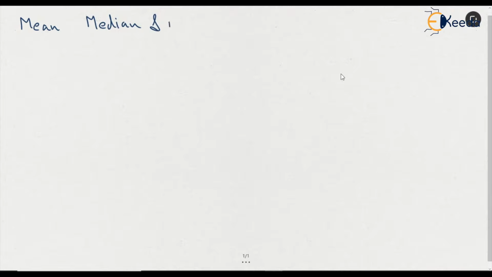Mean, median and mode. What is mean? Let's say we have a variable x and it is taking values like x1, x2, x3 and maybe up to xn.